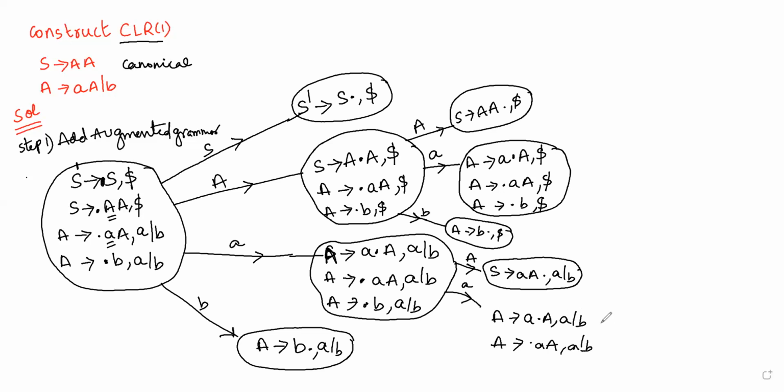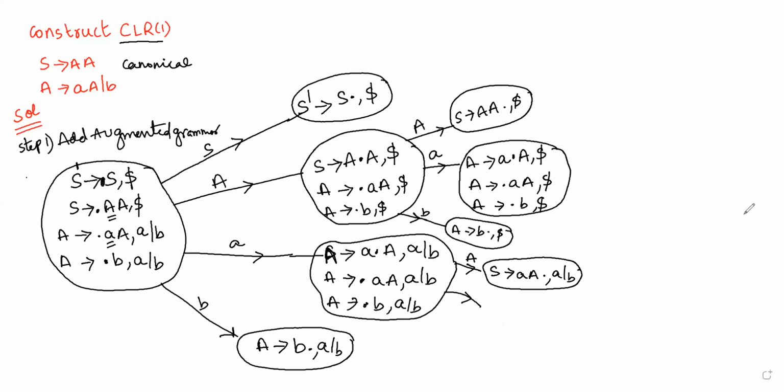If you see this one and this one, almost the same. Now you get A tends to dot B also, A by B. Now you see this production and this one are the same. Hence what I'm going to do, I will give the self loop for this one. Now you see, I am giving the self loop for small a. Okay.